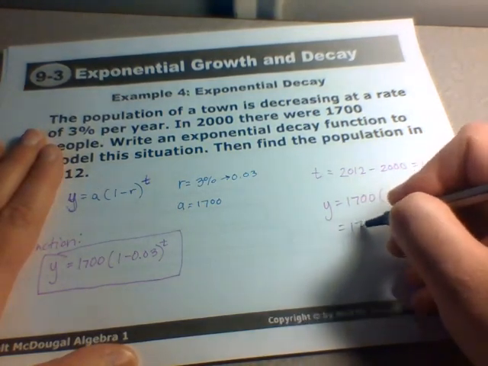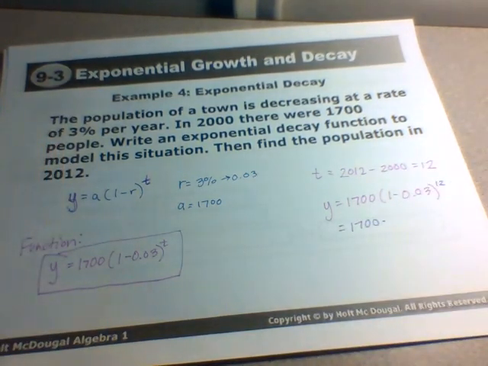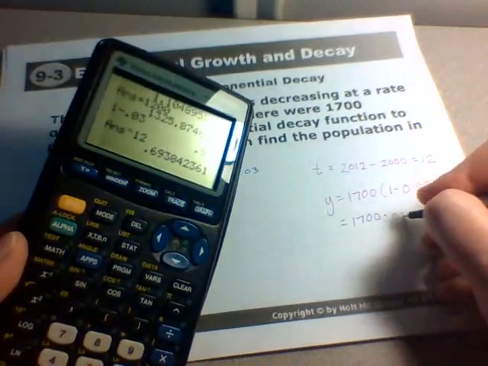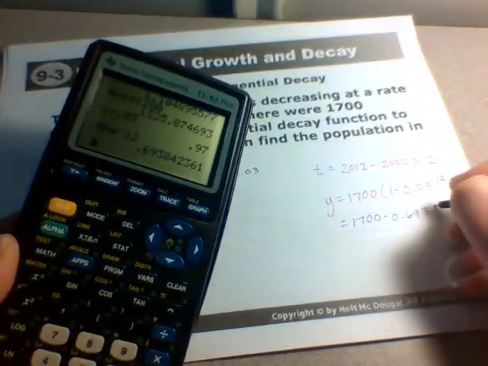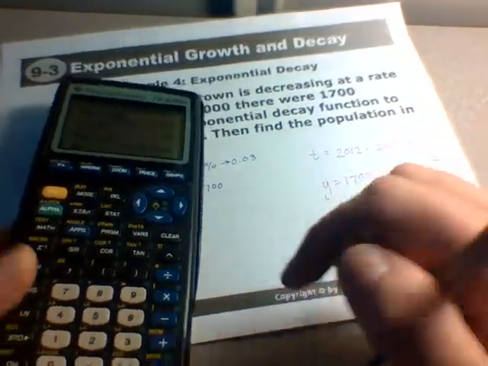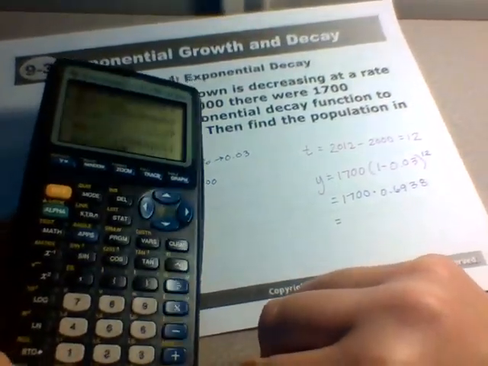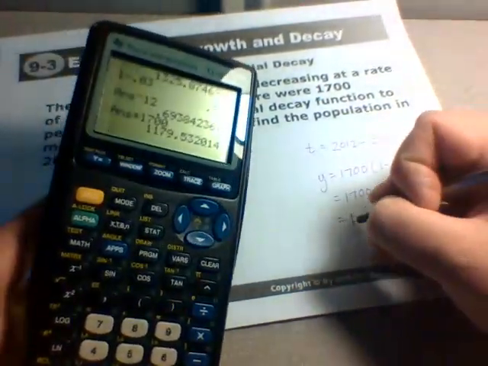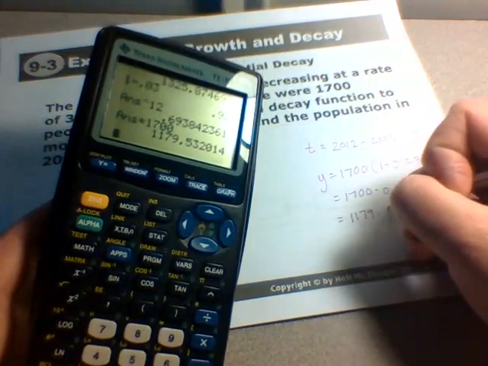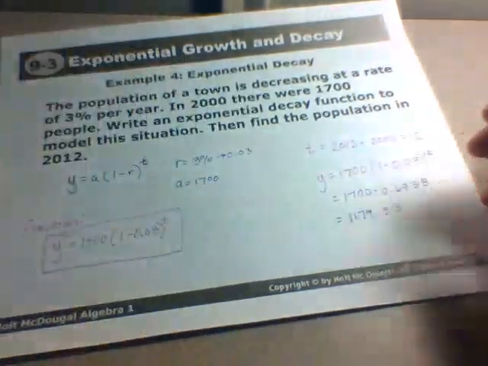So to solve this, we're going to take 1,700 and end up multiplying by (1 - 0.03), and that raised to the 12. And so you get 0.6938. And so that multiplied by 1700 leaves you with 1179.53.